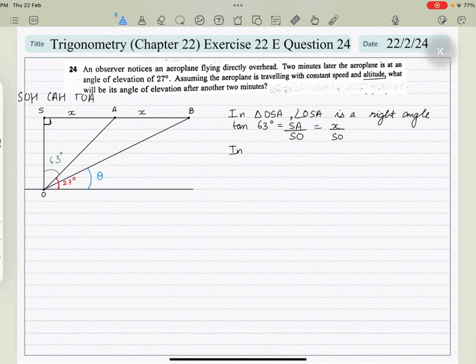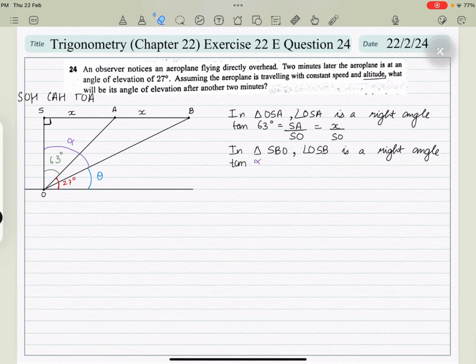Now we're going to look at triangle SBO, where angle OSB is a right angle. Once we know that, we can apply trigonometry in this triangle too. Let's name this angle alpha.